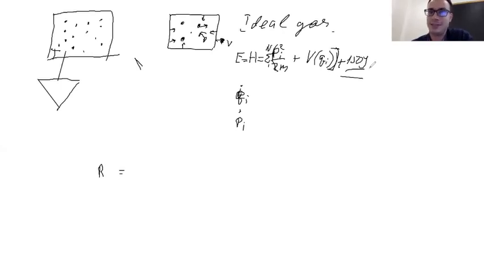If the center of mass moves with a velocity of 100 kilometers per hour or 2 kilometers per hour, the value of the Hamiltonian will change, okay? But the value of internal energy, if it's calculated with respect to coordinates defined with respect to the center of mass, does not change, okay?